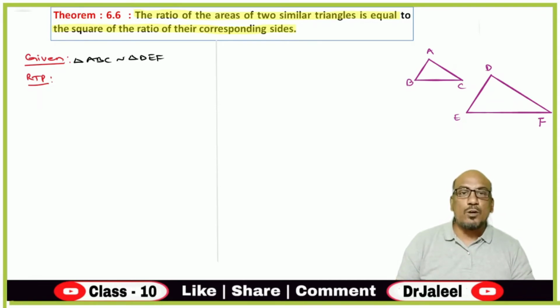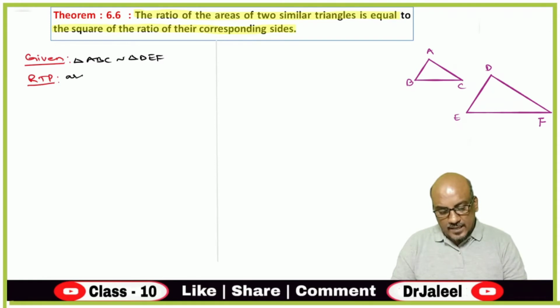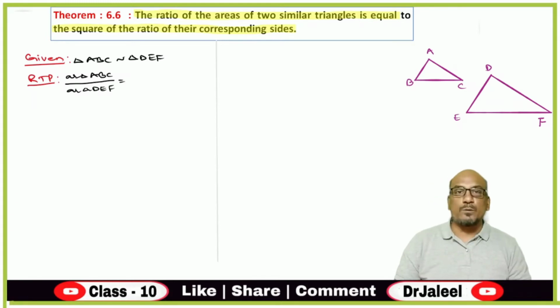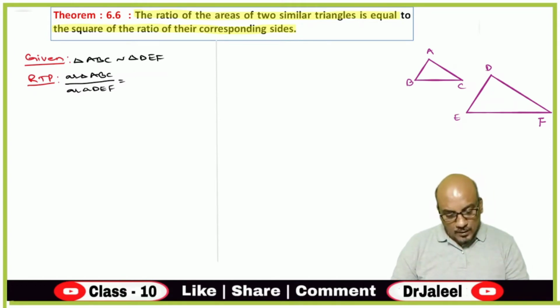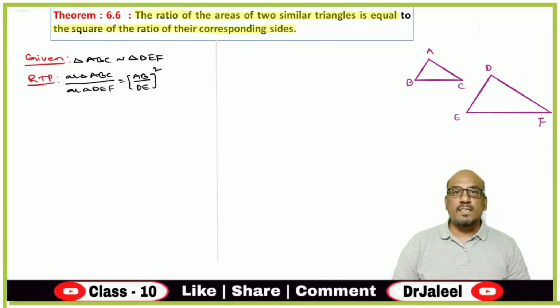That the ratio of their areas, that means area of triangle ABC by area of triangle DEF, is equal to the square of the ratio of their sides. So what is the ratio of their sides? AB by DE, and its square of the ratio of its sides.